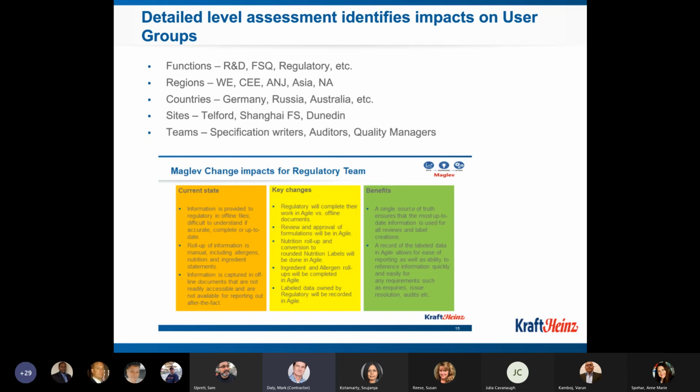So you have to capture the differences by function, differences by region, sometimes even within countries, maybe for legal reasons, which can sometimes be a challenge. Then there can also be differences at the site level. One site within a country might be fine with the change, and the others have certain circumstances. It makes it much more challenging.